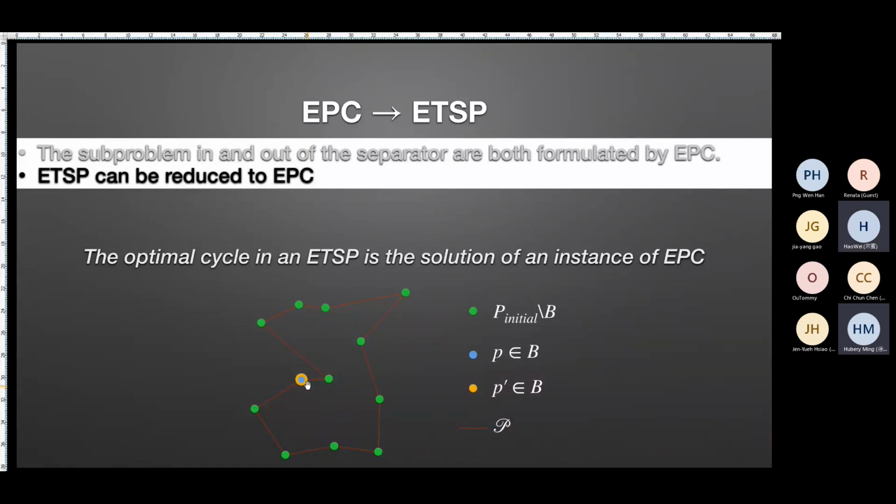That is to say, we would like to find the path that starts from the blue dot, visits each point of the given graph, and returns to the origin dot. And obviously, this is the optimal cycle in the instance of ETSP.